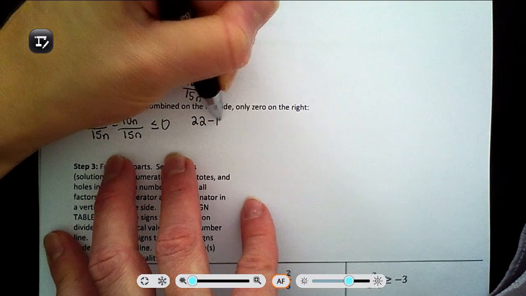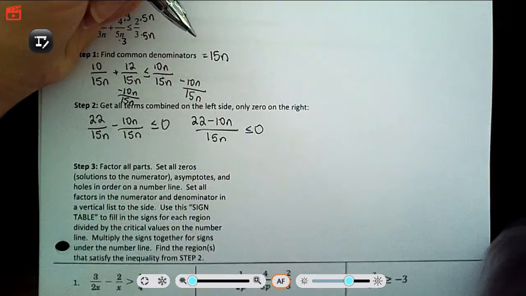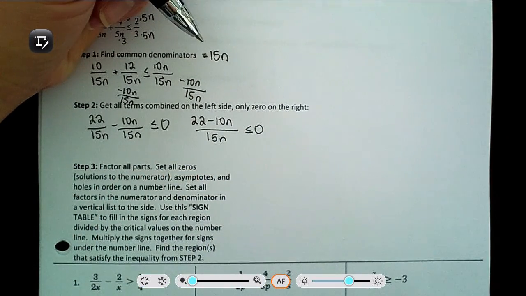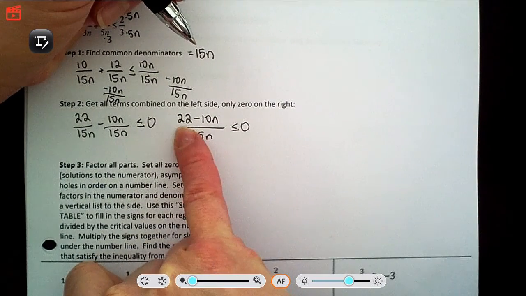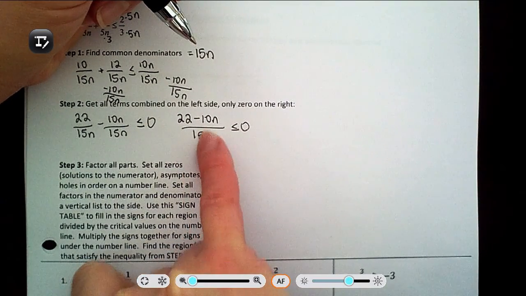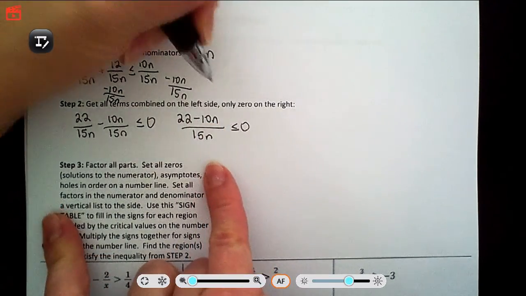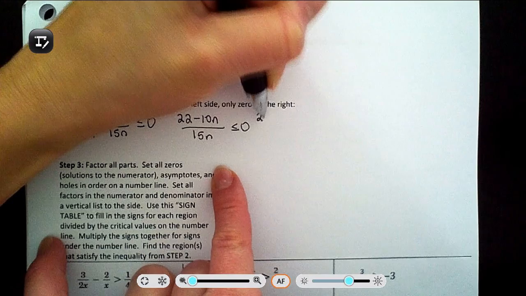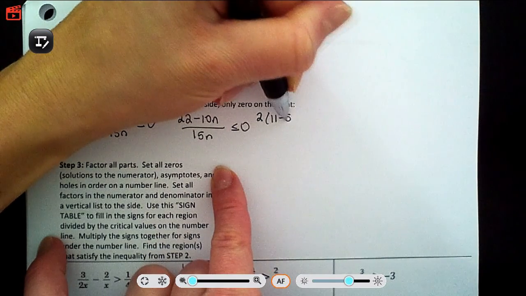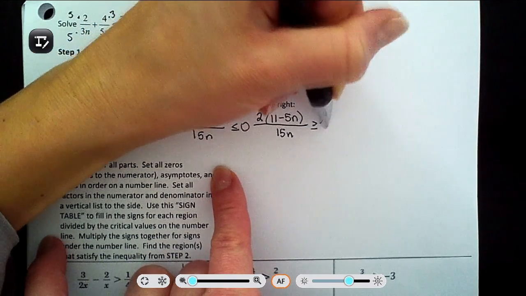Okay, and now what I'd like to do is just write that as a single expression. I like to see it in standard form, the 10n first minus, and the 22 second, but I kind of like it in this order more just because the 10n's negative. Anyway, I'm just going to GCF the numerator, and I get 2, and I get 11 minus 5n all over 15n is greater than or equal to 0.